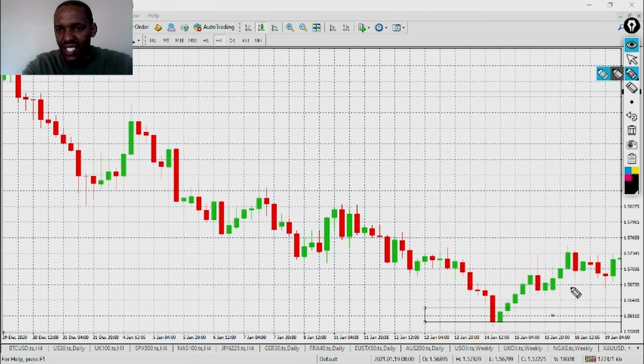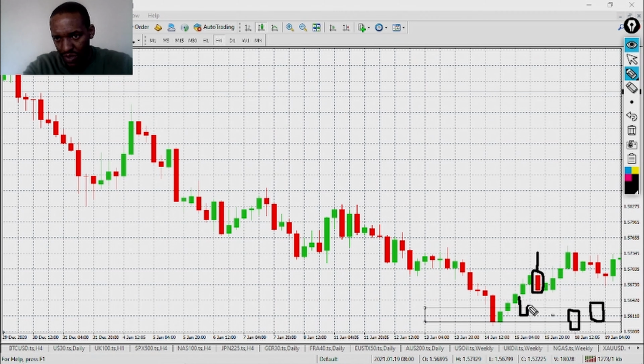You can have wicks. Wicks are these things here. But this whole candle, the body, must not close underneath this line right here. So the body must not be like this. You want the body to close inside this place here, or just on top, or just touch like it touched. It doesn't really matter.